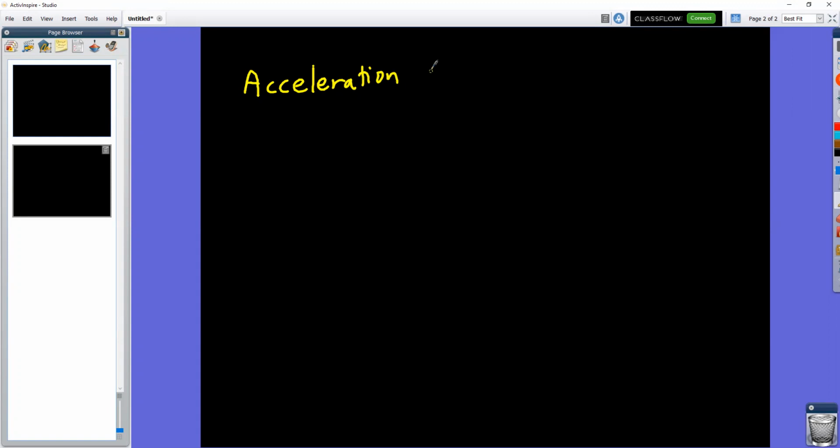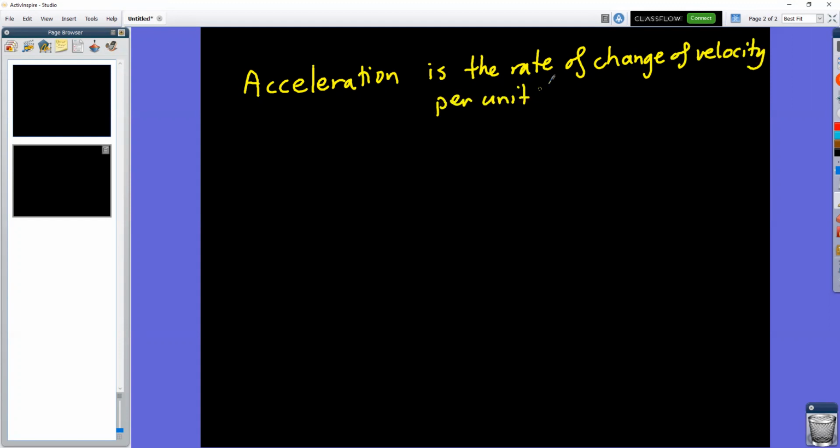So basically, acceleration is the rate of change of velocity over time. Rate of change of velocity per unit time. It's also a vector quantity, so we use the small arrow. So here's the formula.